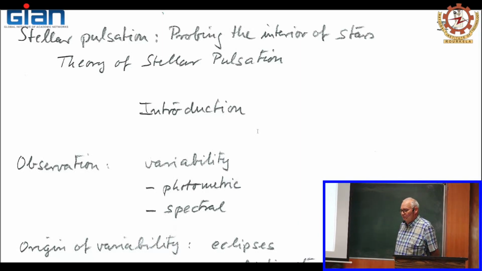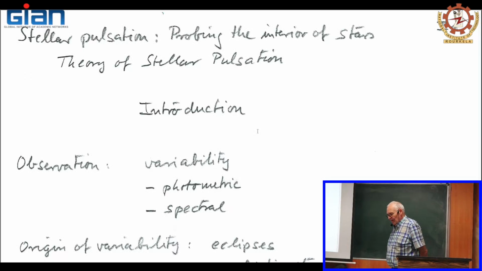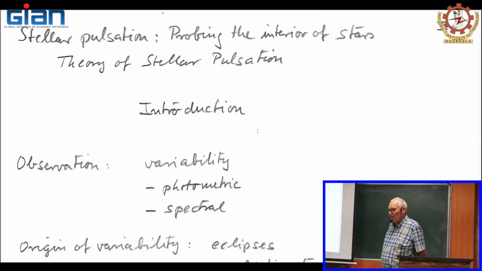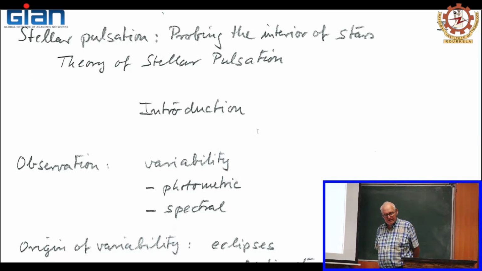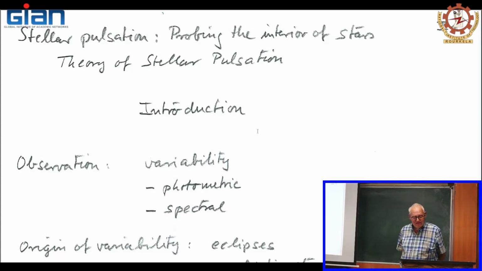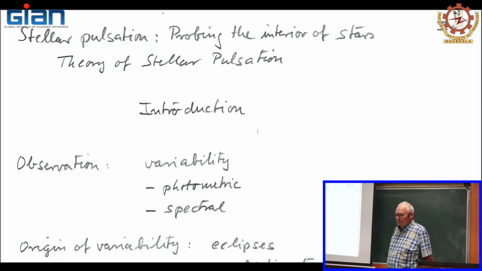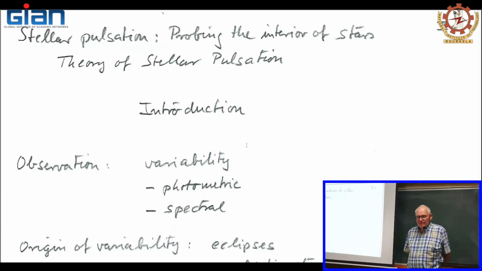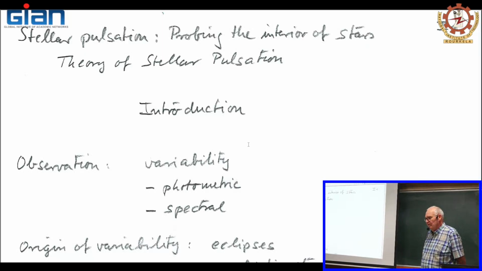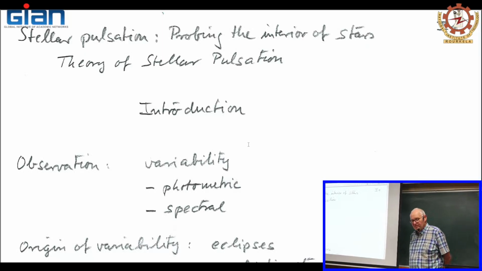Well, this is a common effect, and this is not what we would call a pulsation in the sense we would like to study. Essentially all binary systems show variability simply by the motion of the two companions around each other, and eclipses may be one of the manifestations of this binarity.